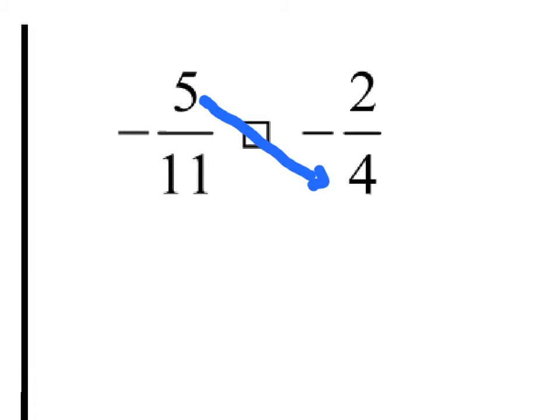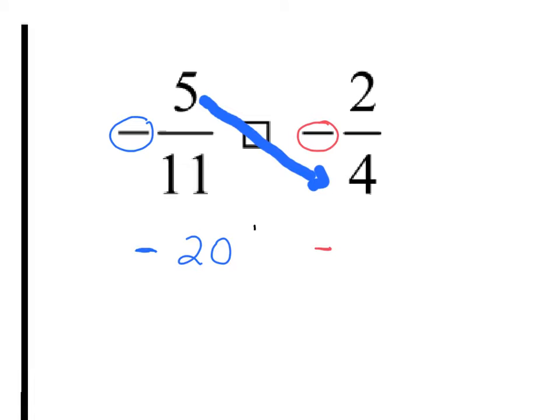Now all you do with the signs, since we have a negative right here, is just keep the sign and multiply the two numbers, 5 and 4. So I'm going to bring the negative here. 5 times 4 is 20, and you keep the negative, negative 20.